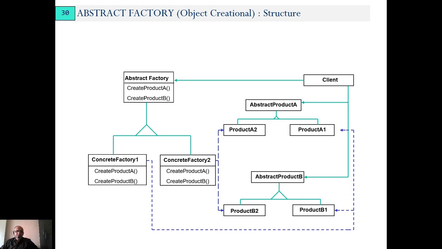Abstract factory, there are two operations: create product A, create product B. In concrete factory we take all of the operation set of abstract factory, that is concrete factory 1 and 2, to generate the instances. Now the client can refer to abstract product A, B, you may say C, why not? So it will suggest product A1, product A2, then product B related, product B1, product B2.